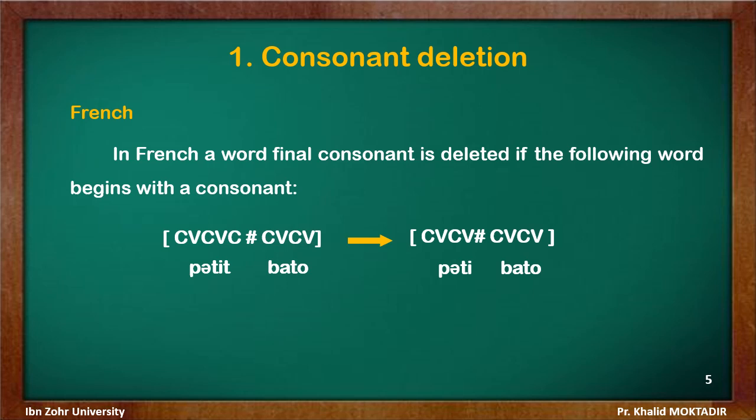So this results in a basic syllable pattern. Look at petit bateau. You have C, V, C, V in the first word, followed by the same pattern again. And so we reach the simple, the preferred syllable structure.